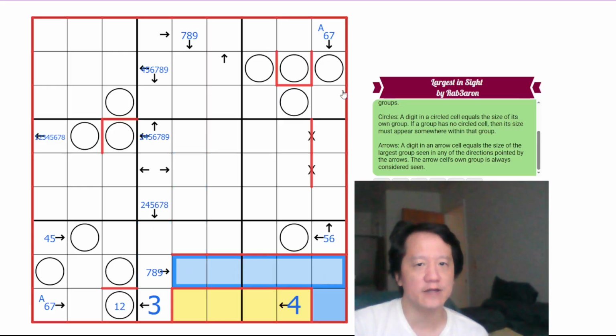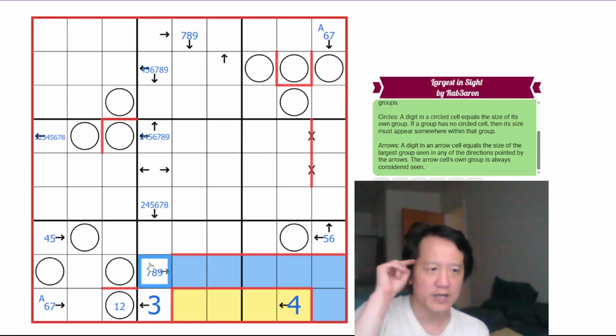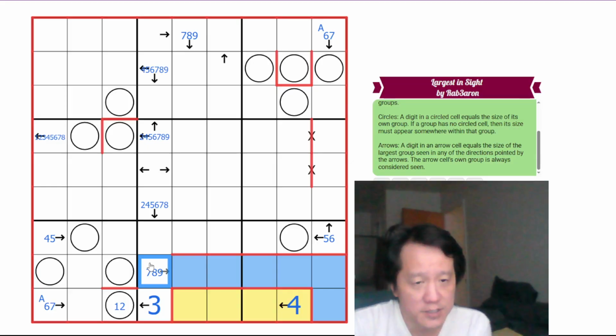If it doesn't match, it can't match this, because we have to have the size of this in its own region. So if these are separate regions, this needs a 6. And 6 is here because that's pointing at this region. This is 6 also, so therefore 6 has to be one of these, which means that can't be 6. So this must be referencing its own region no matter what.